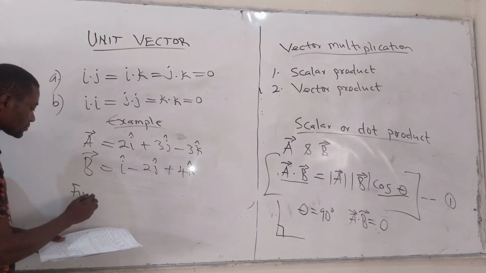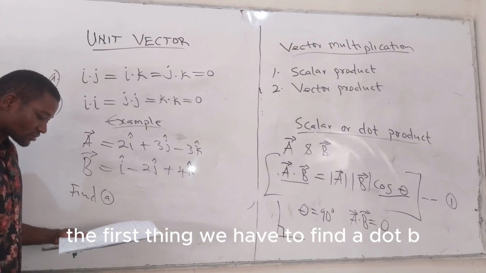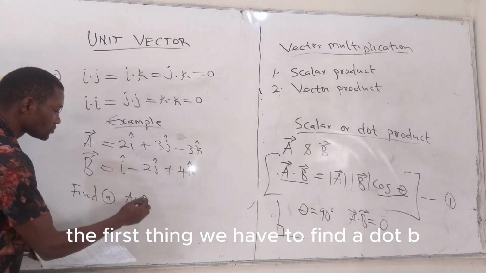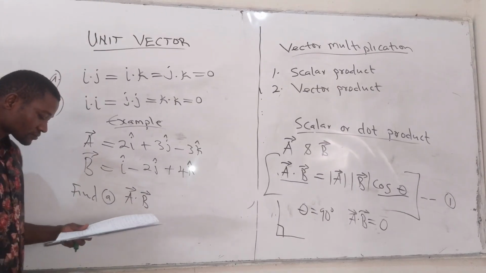Find the first thing, A dot B, the scalar product.